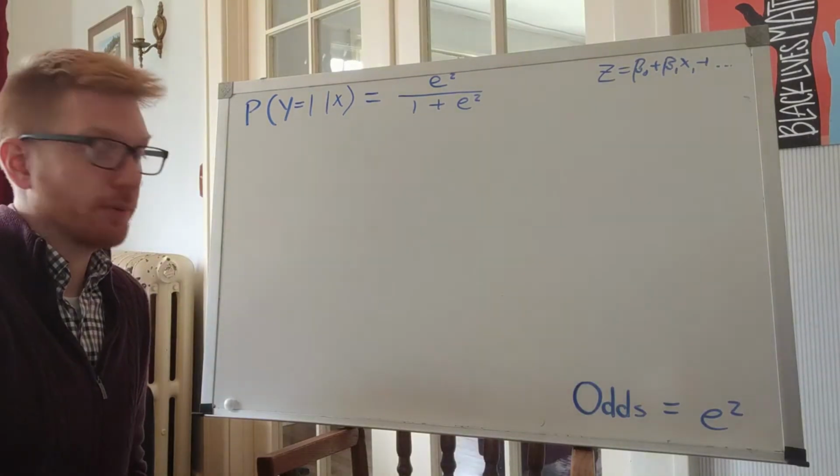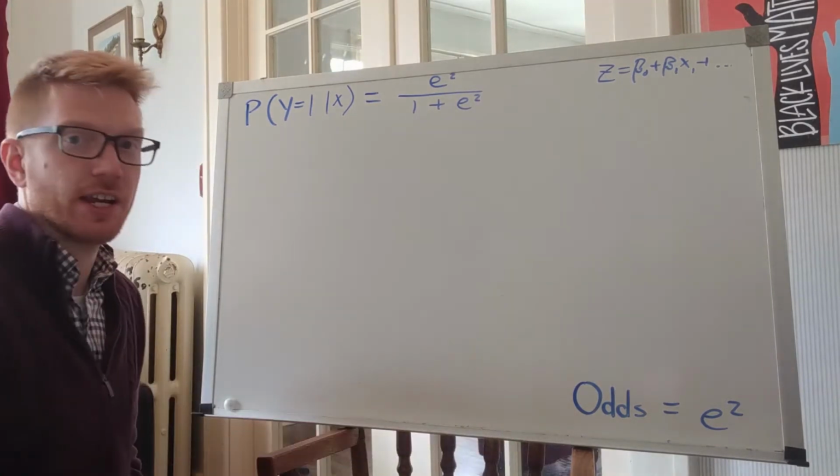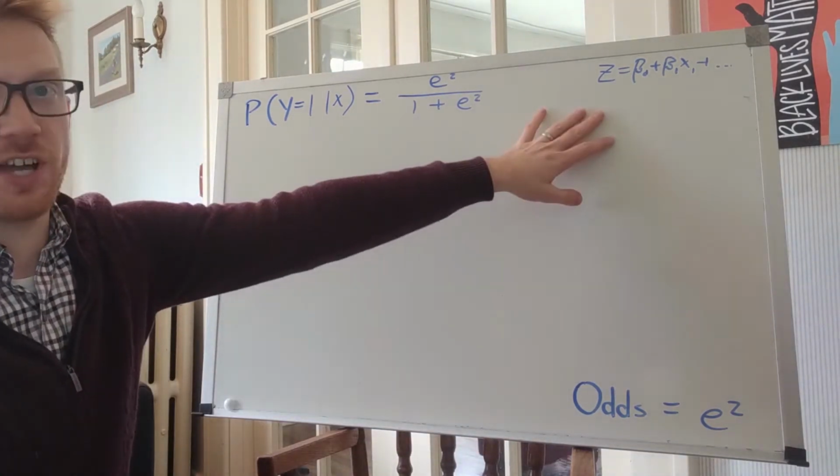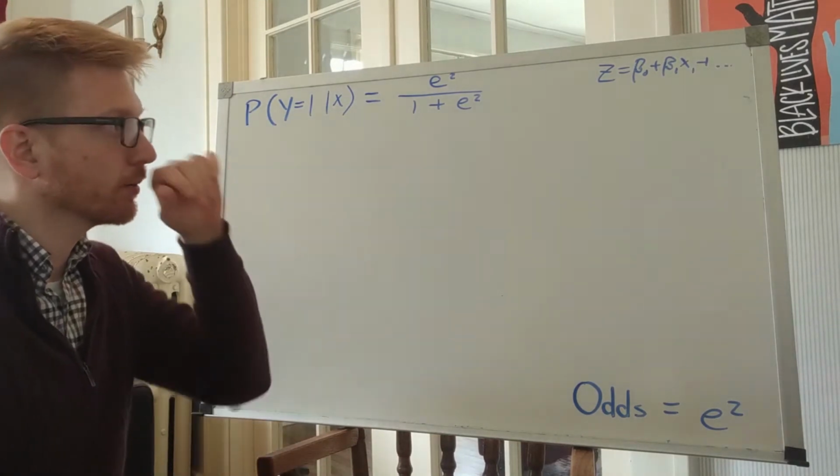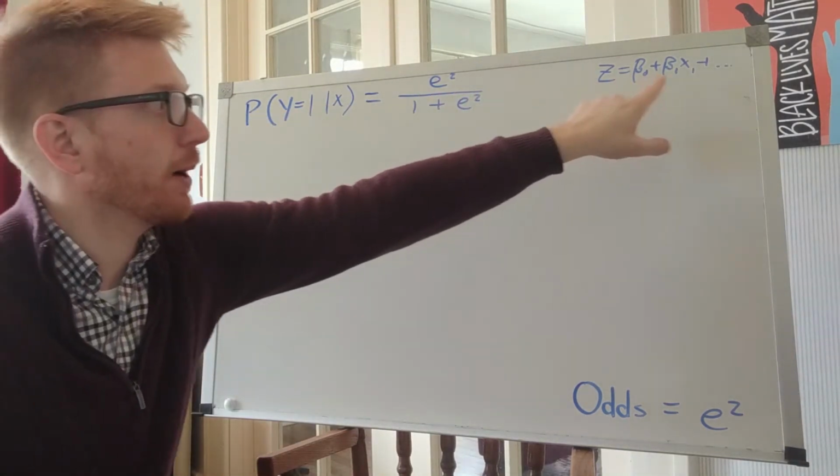Now what I want to talk about is how do the odds change when we change x. Well, if we change x by 1 unit, we change z by beta 1.